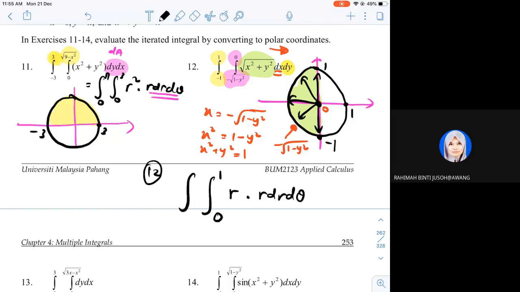What is its limit, from where to where, based on our region? Pi over 2, yes, good. Theta from pi over 2 until 3 pi over 2. So from pi over 2 until 3 pi over 2. Do you understand, guys, how to convert this?